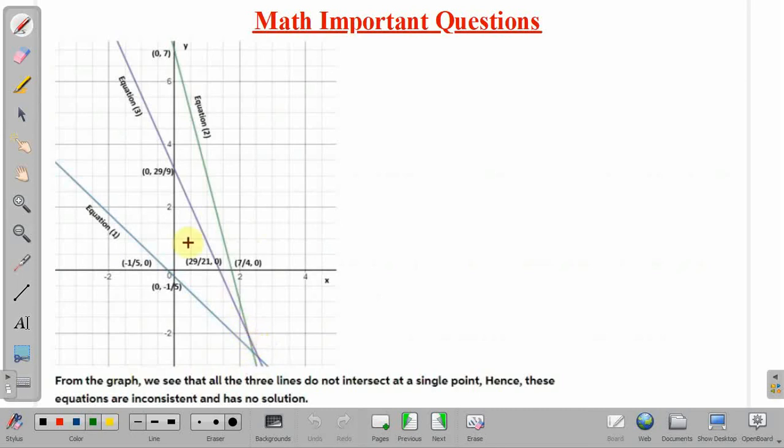If we see line 1, this one, and this is line 2, these two lines are intersecting here, but the third line, or equation 3, is intersecting at two different points on the two lines. So we can say that the equations are inconsistent and have no solution, since they are not all intersecting at a single point.